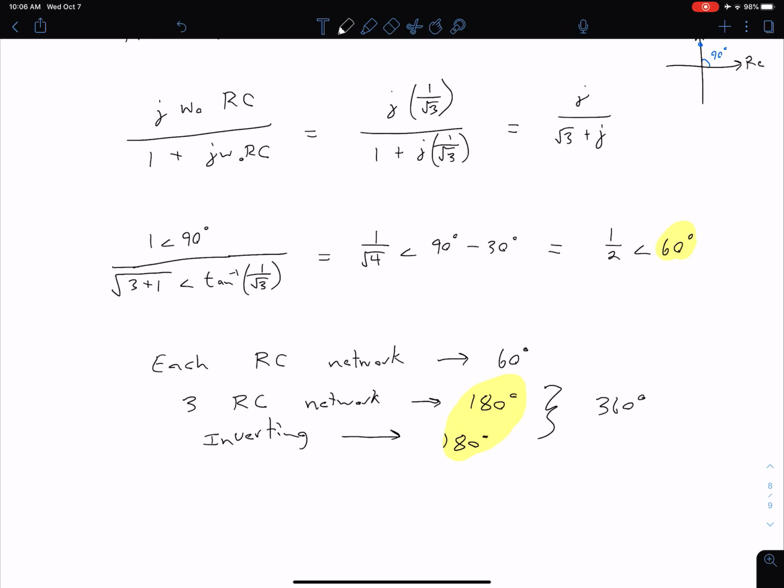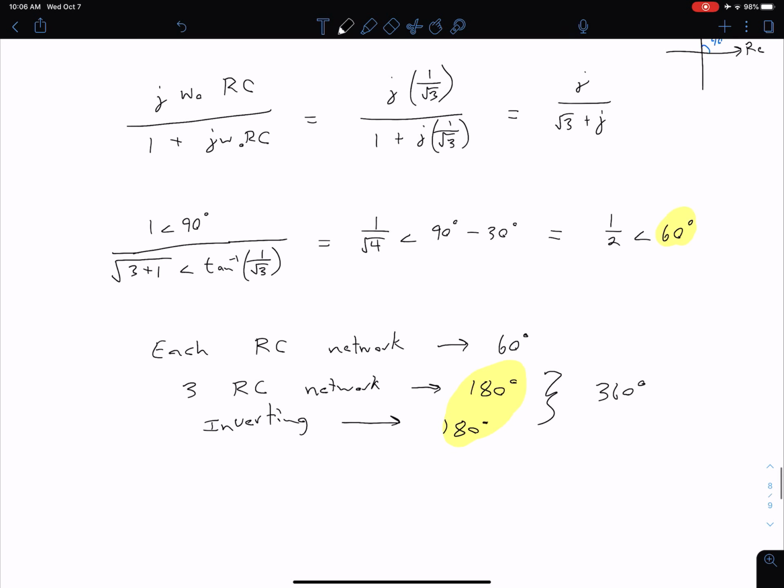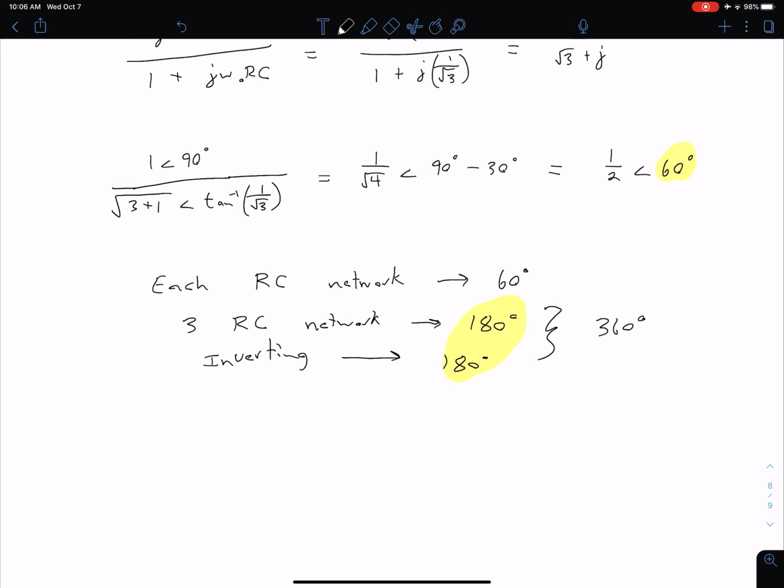Another thing that we can note is that each of these RC networks attenuates the signal by 1/2. We see that attenuation is represented by this 1/2 here, so it's basically reducing the magnitude by 2.